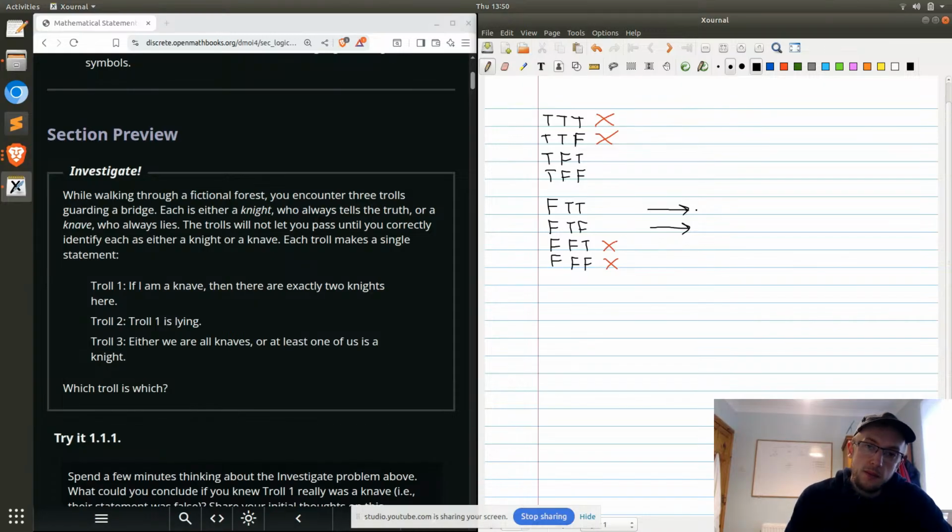And therefore, that one must be false. That can't be the case, because that would mean that he's a truth teller, because he's saying that those two are telling the truth. Okay.